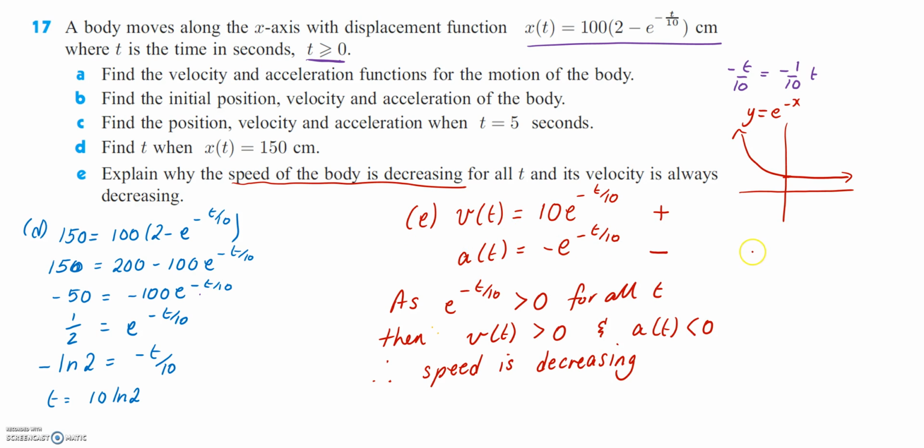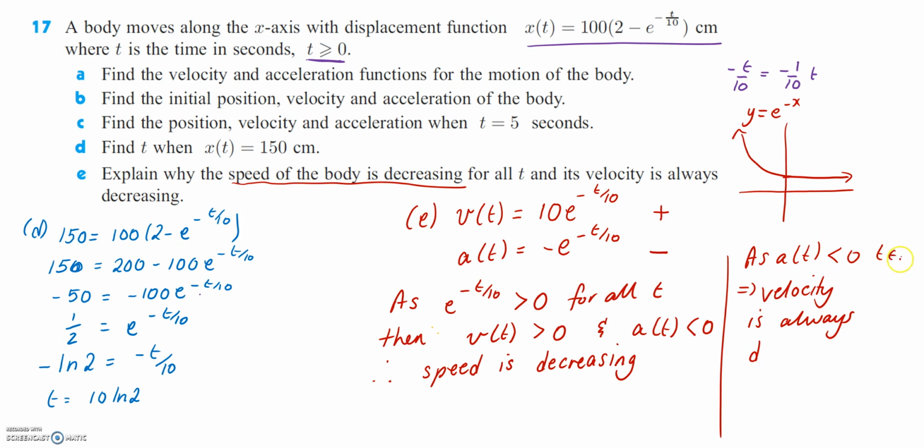We know that a of t from above is less than 0. That gives velocity is always decreasing. I guess we should say for all t, or for t greater than or equal to 0, that's probably better. Velocity is always decreasing.